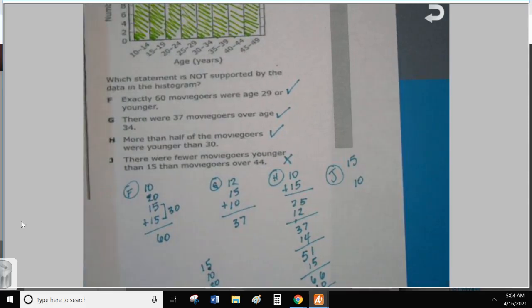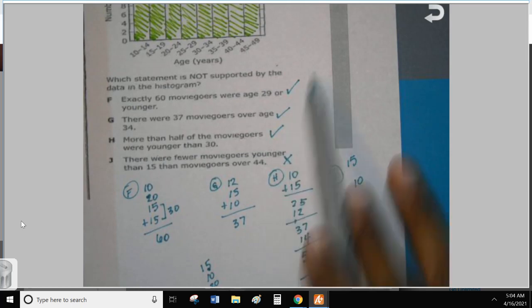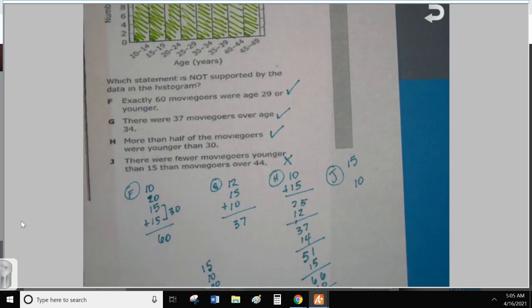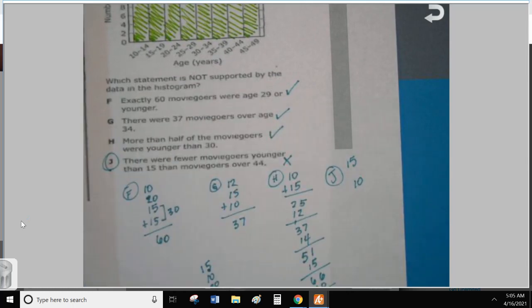There were more people under the age of 15 than over, so that is not true. So we have 3 that are right and 1 that is wrong. The one that is wrong is there were fewer moviegoers younger than 15 than moviegoers over 44. This is the one that is not true. Hope this helps. Let's go practice.